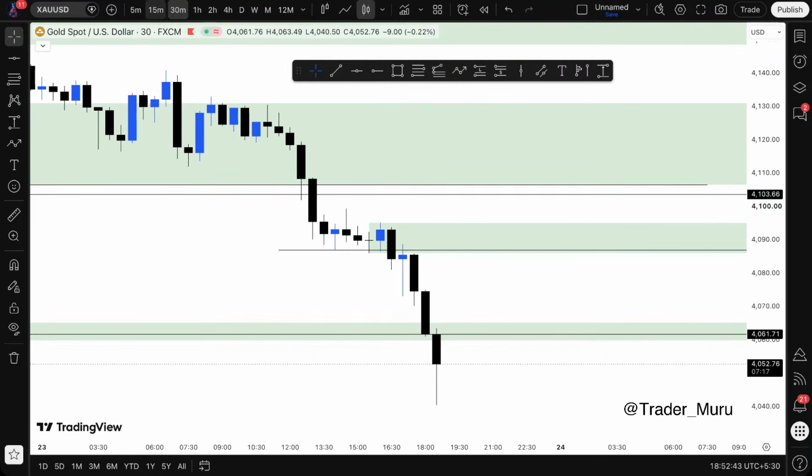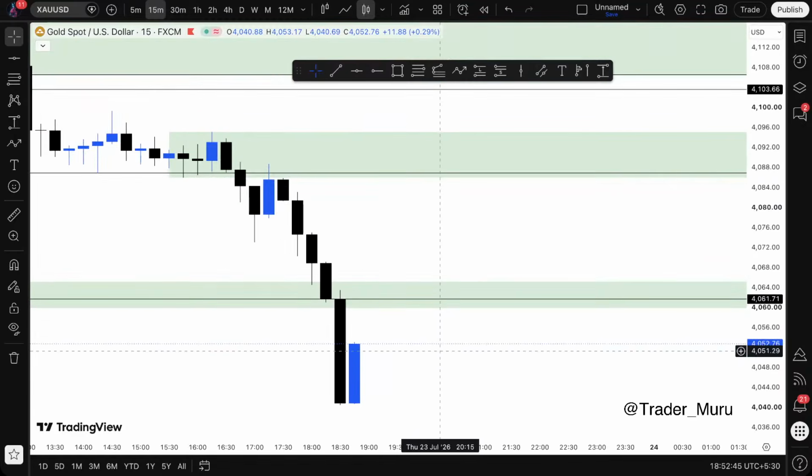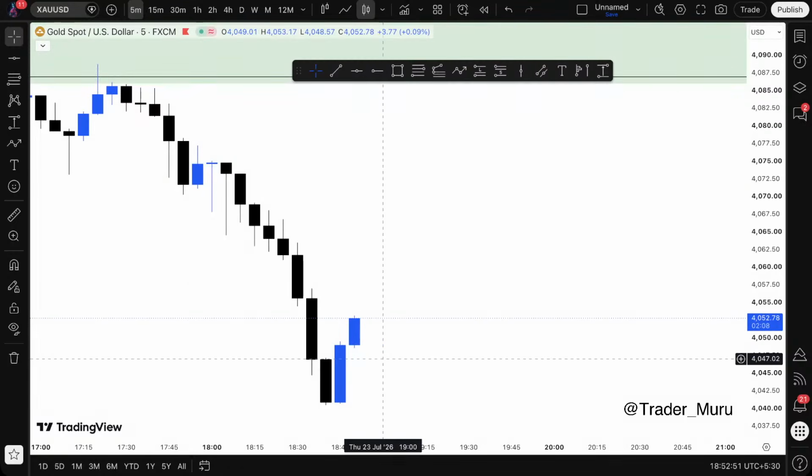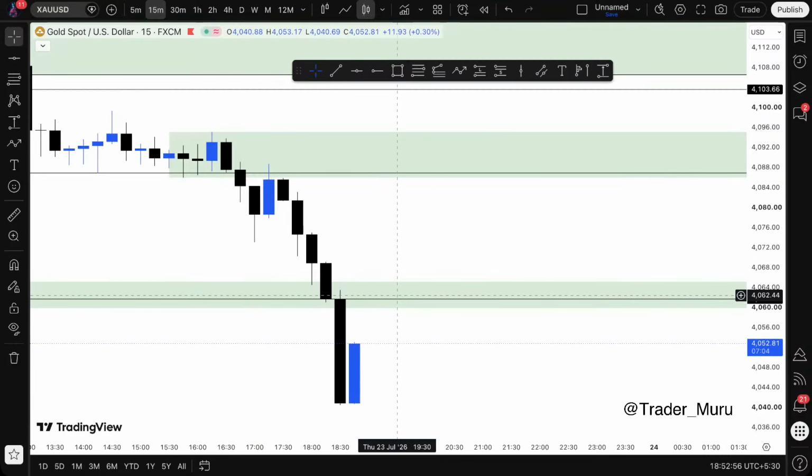$61.40. Bearish. Bullish. Same area it needs to hold. This one.